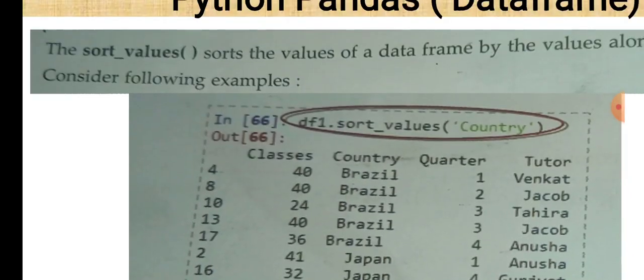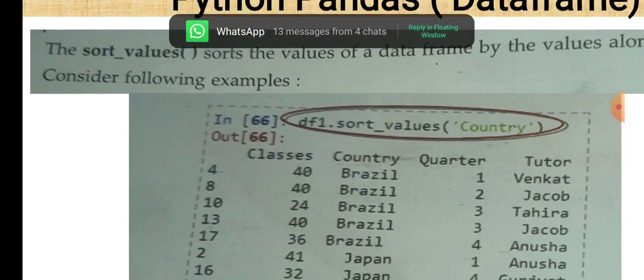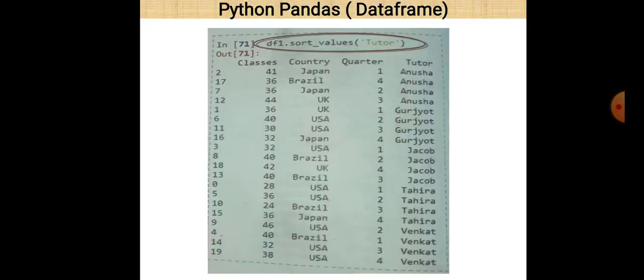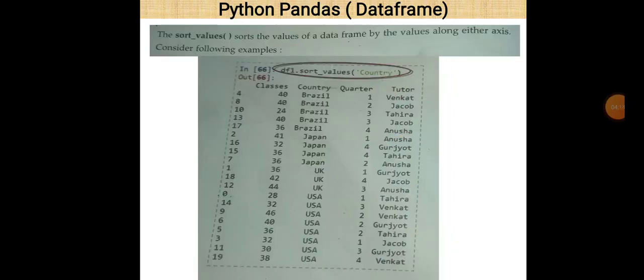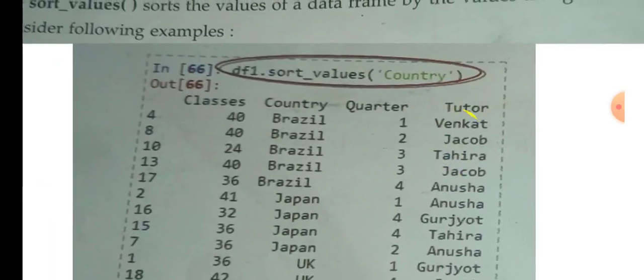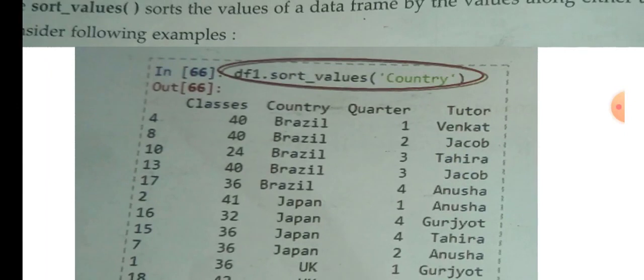You can give at least one value within the parameter of by. So in this case we get the list sorted according to country, in ascending order. You can easily see here.